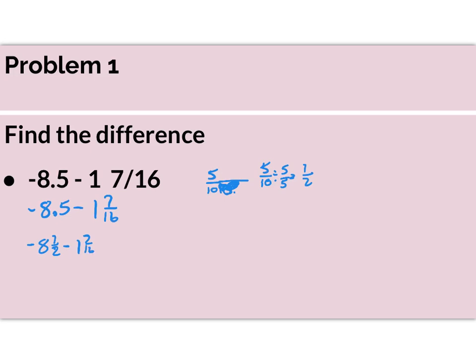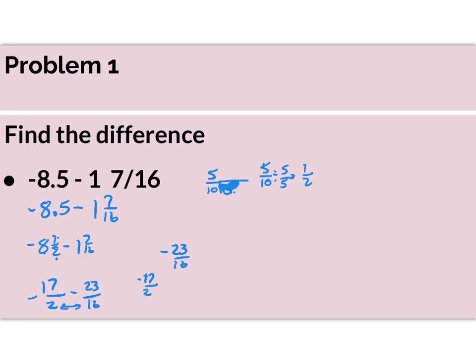So now we have to turn these both into improper fractions. 8 times 2 is 16, plus 1 is 17. 16 plus 7 is 23. So 23/16. These have different bottoms, so we can't add. So let's line it up. 23/16, and negative 17/2. Does 2 go into 16?